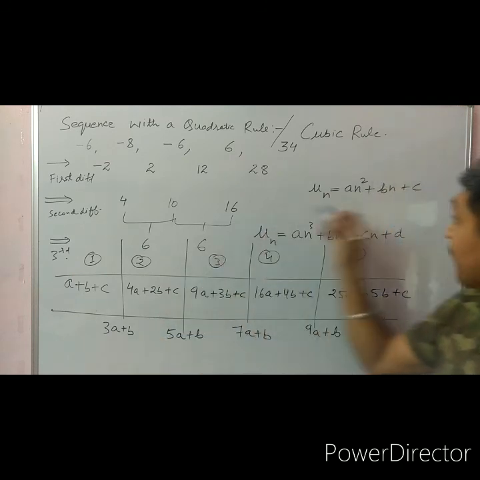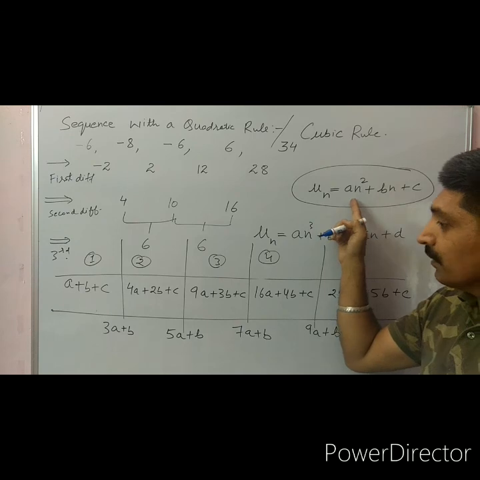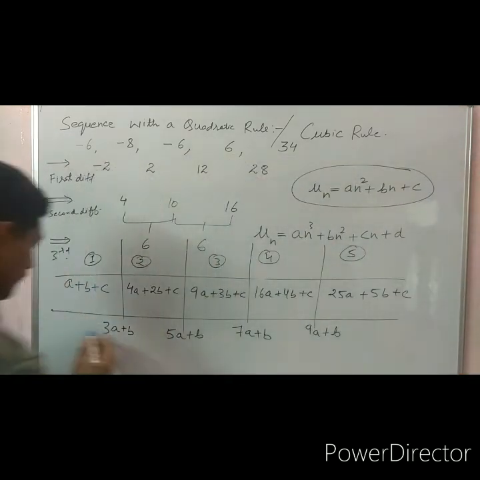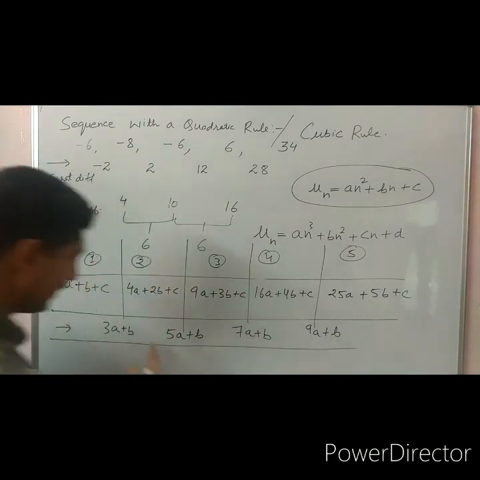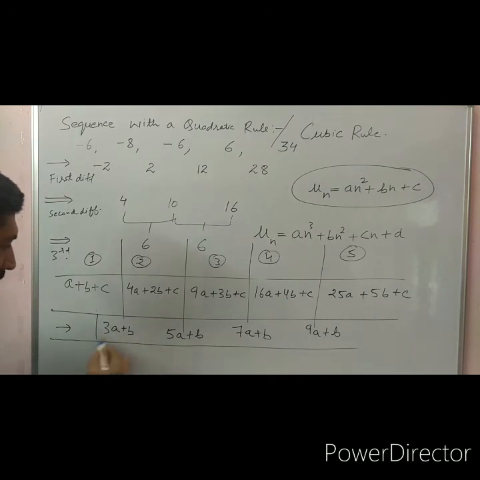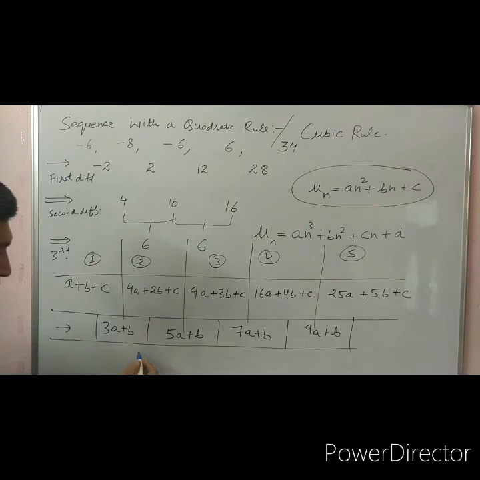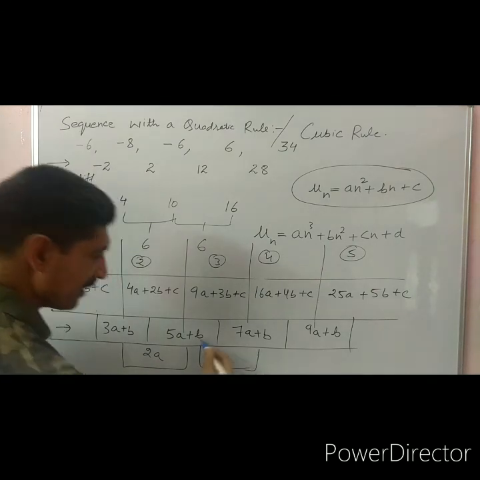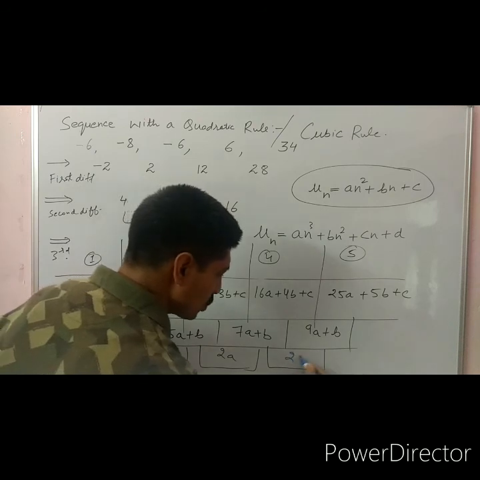But here we have to go ahead for the quadratic rule, because this first difference is not the same. Now the second difference: the difference of these is 2a, b cancels with b, and again the difference is 2a.